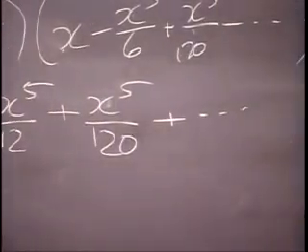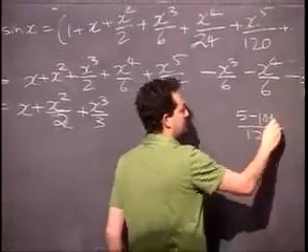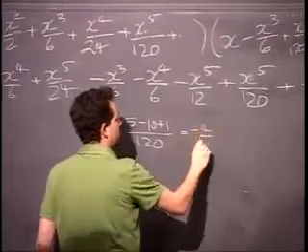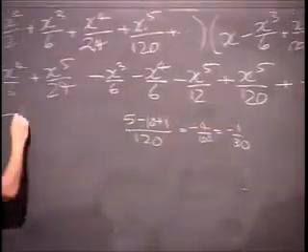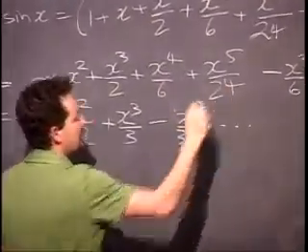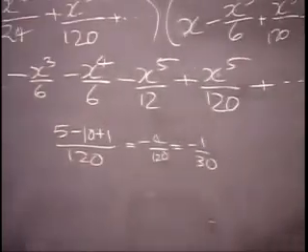So how many is that? It is 5 minus 10 plus 1. So that's minus 4 over 120, which is minus 1/30th. And so I believe minus x to the 5th over 30, and so on. And there are the first 4 non-zero terms of that product.